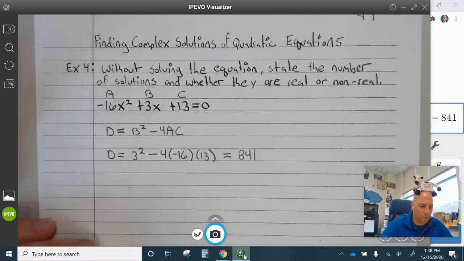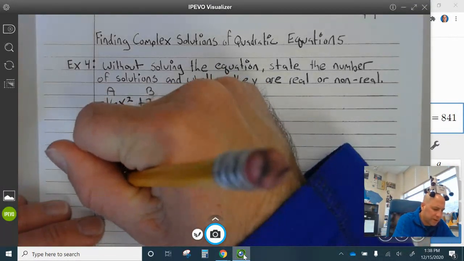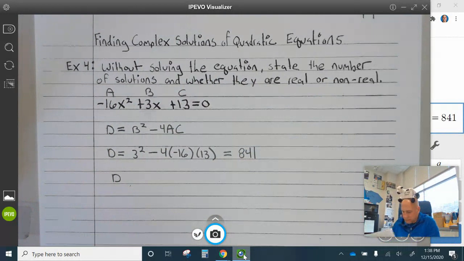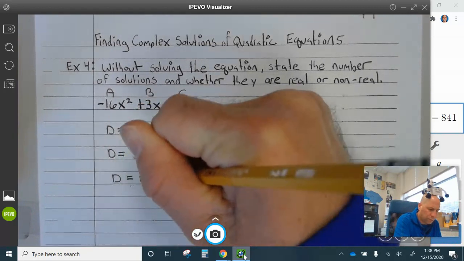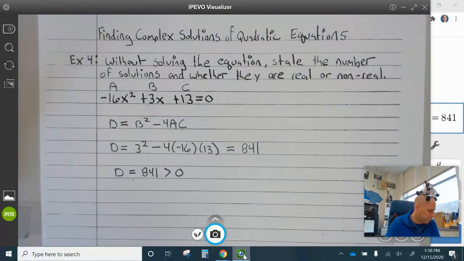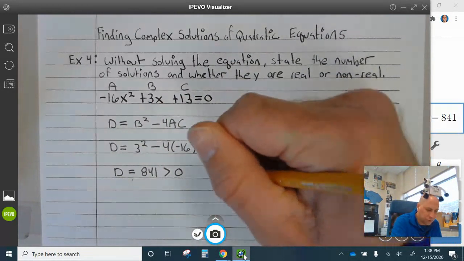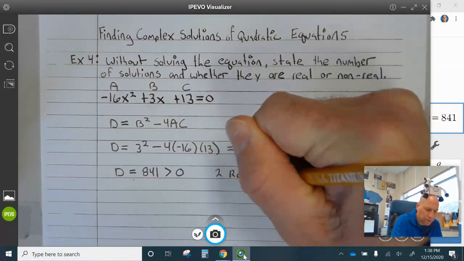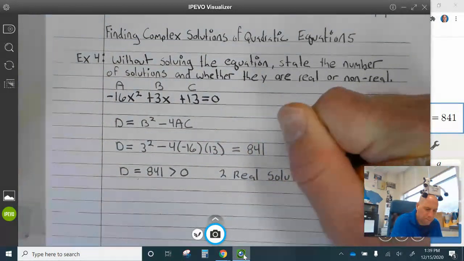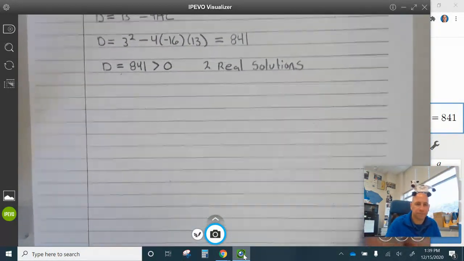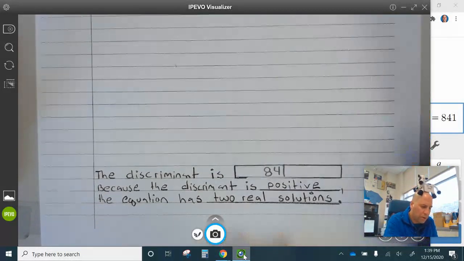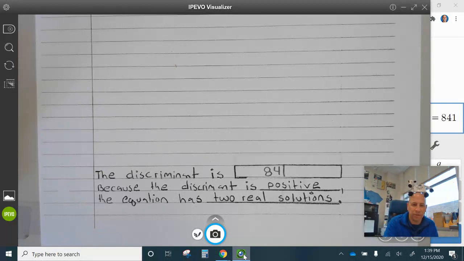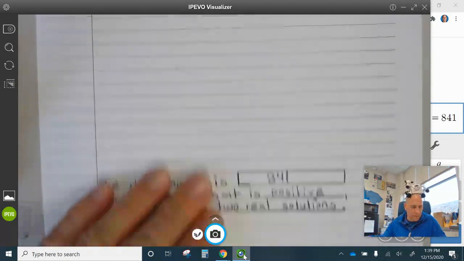Now in our notes we can say that D is equal to 841, which is greater than 0. So we say that it has two real solutions. So the discriminant is 841. Because the discriminant is positive, the equation has two real solutions. All right, let's look at the next example.